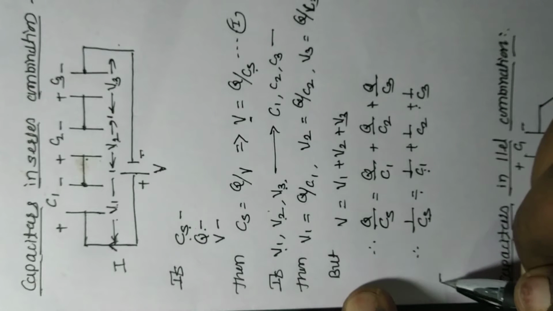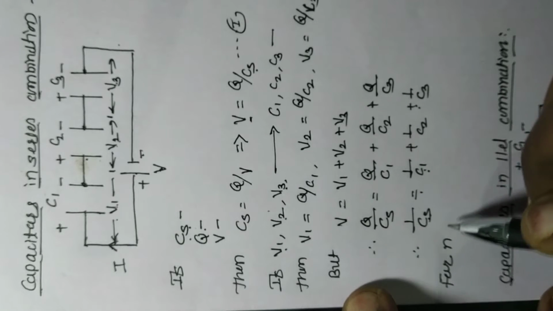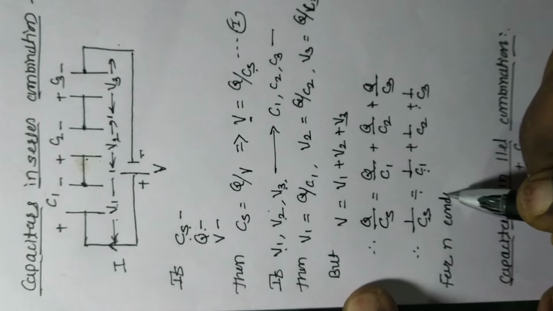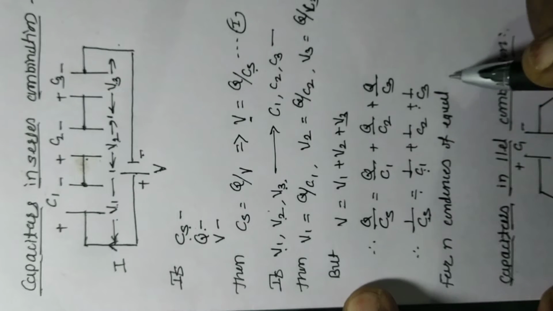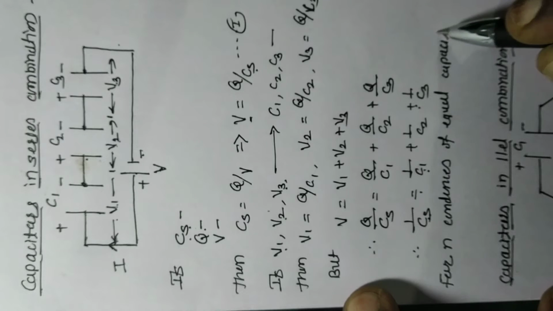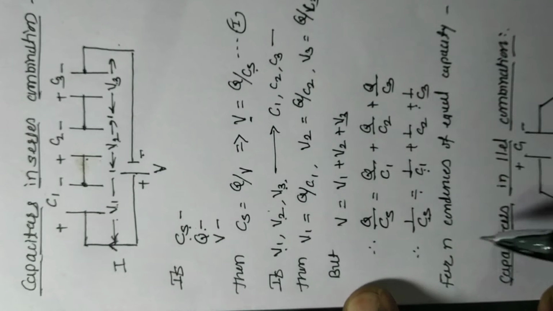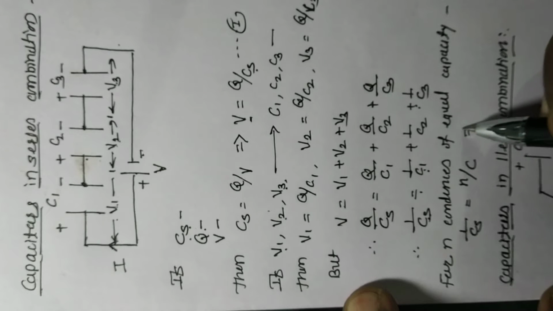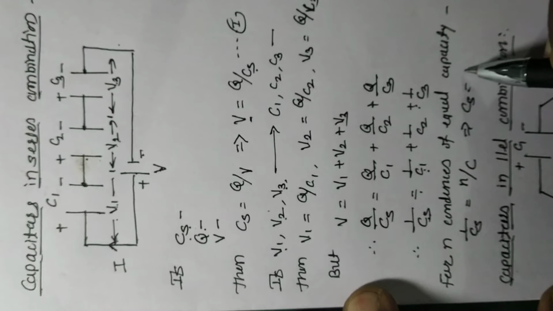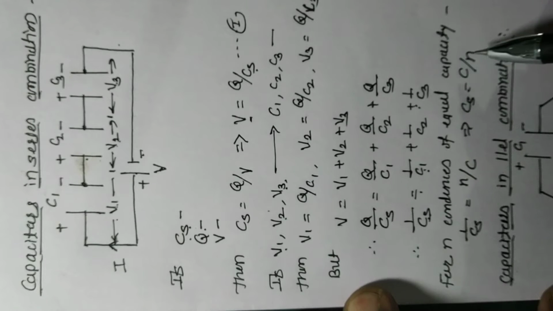For n condensers of equal capacity in series combination, 1 divided by CS is equal to n divided by C, which implies CS is equal to C divided by n.